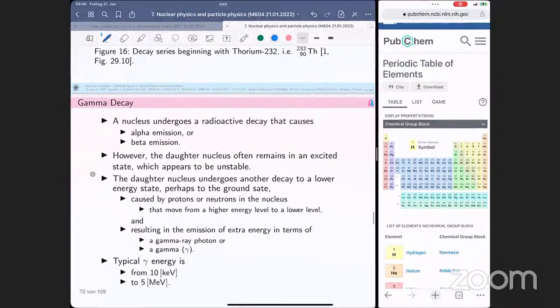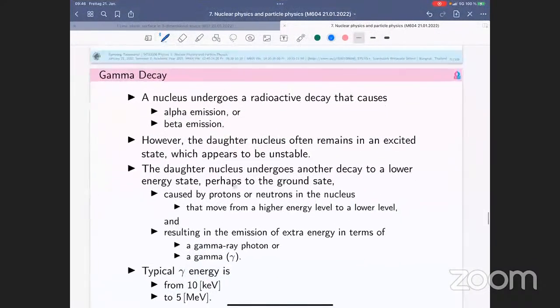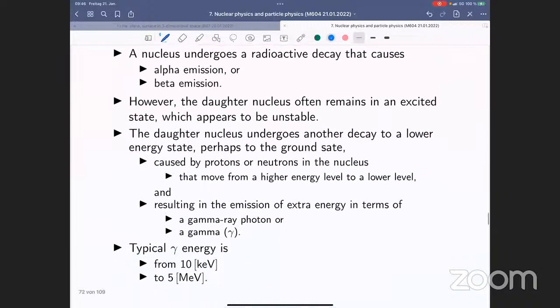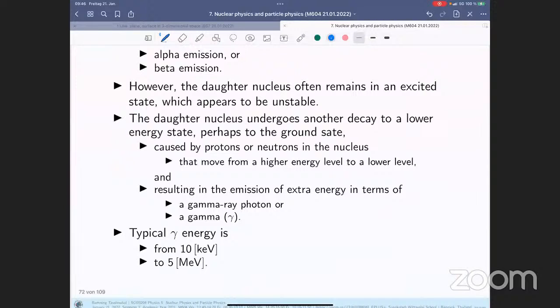Gamma decay could take place after the alpha emission and beta emission. The 2 former processes may take place first, and the gamma process will follow later. However, the daughter nucleus often remains in an excited state, which appears to be unstable.